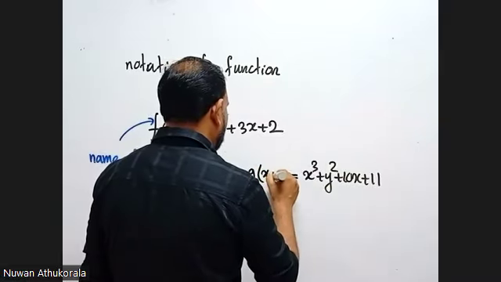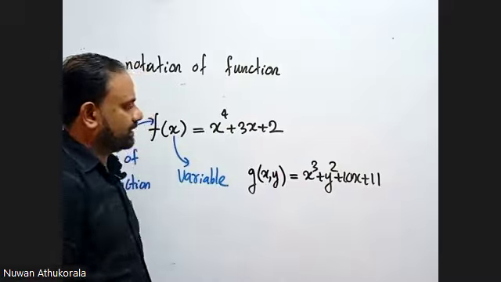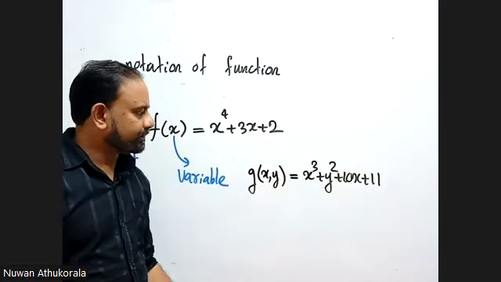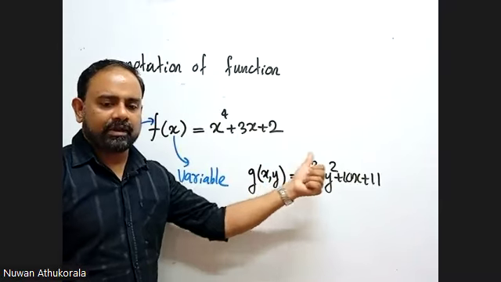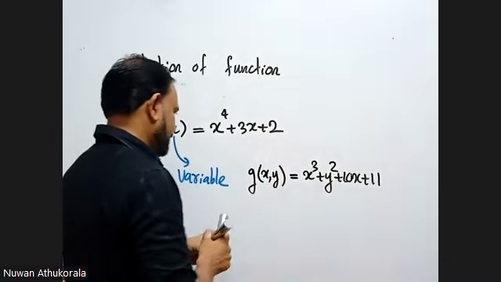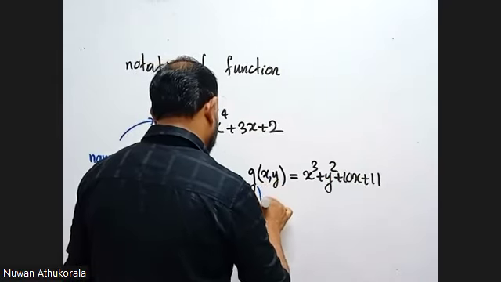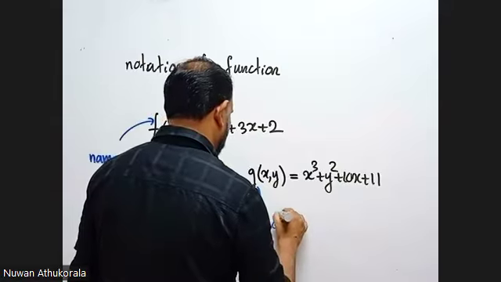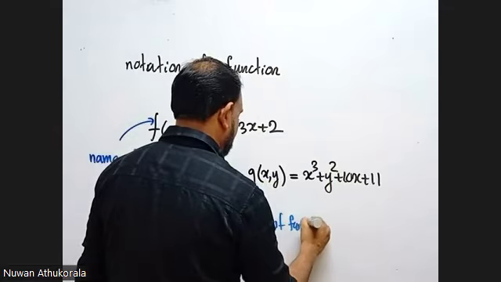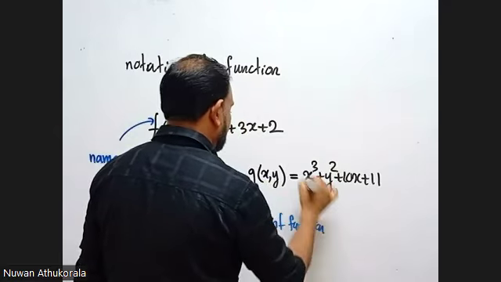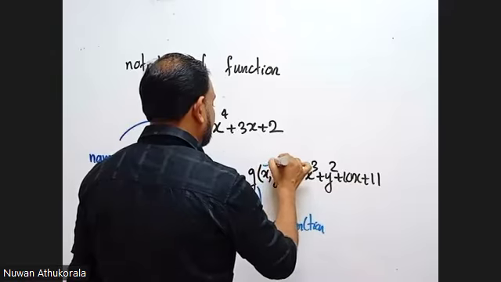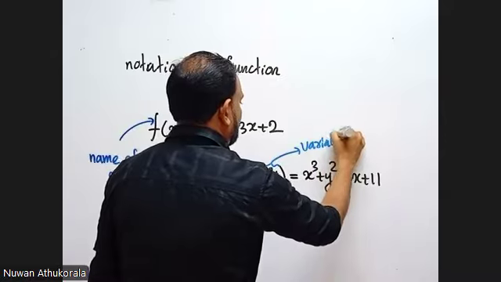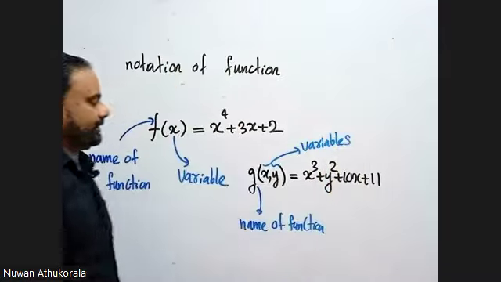So we have to write x and y both. g be the name of this function, x and y are variables.